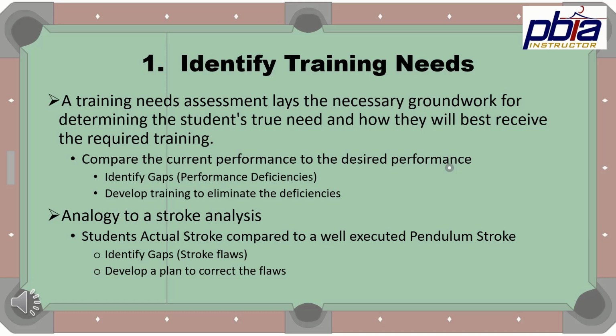Now, task analysis, you compare the current performance to a desired performance. In the case of pool, you would compare an actual stroke to a well-executed pendulum stroke. Afterwards, you would identify the gaps or the flaws in the stroke and develop a plan to correct them.